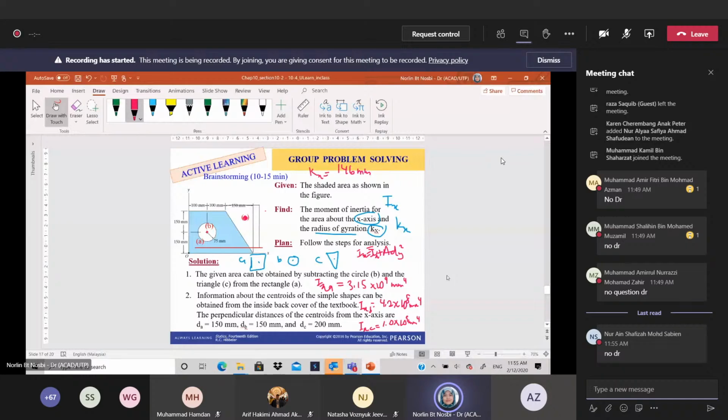If the structure is a composite shape, you have to use the second type, which is the formula like this one. This is for composite shape. In the first part, I showed you the integration solution. You have to use integration to find the moment of inertia. But for this one, you just have to use this formula for composite.